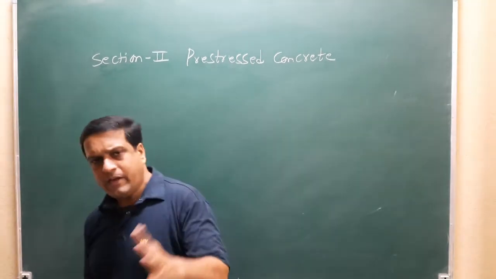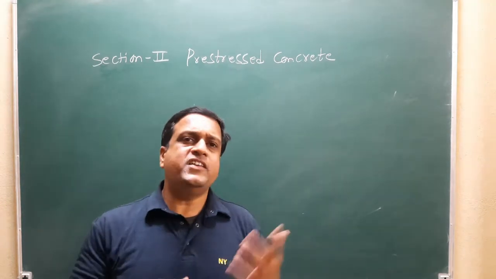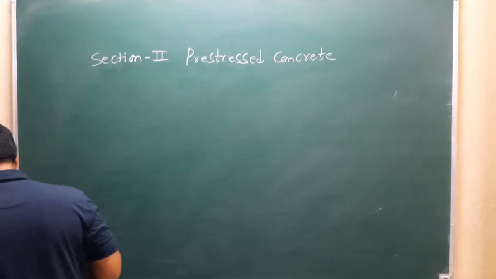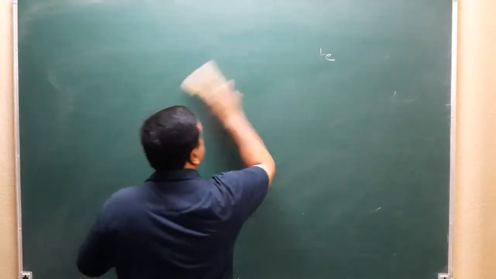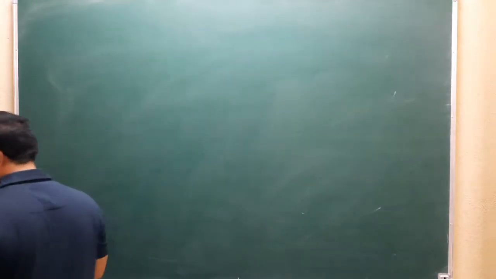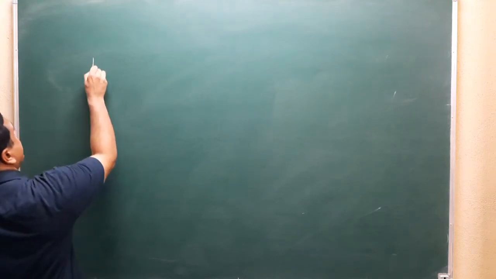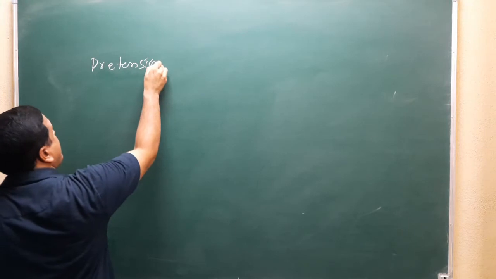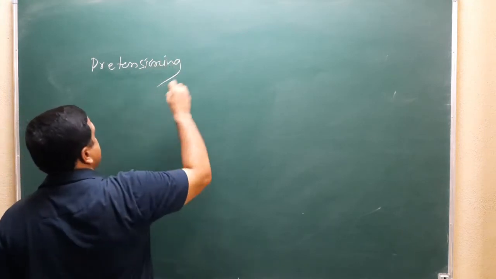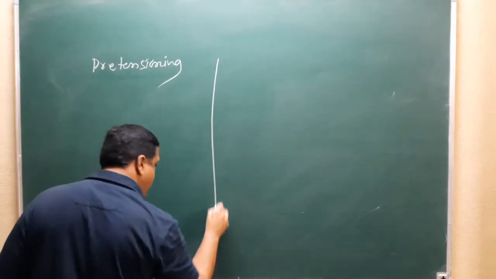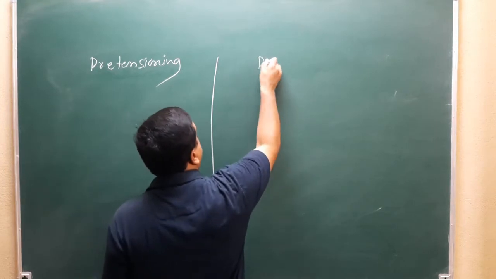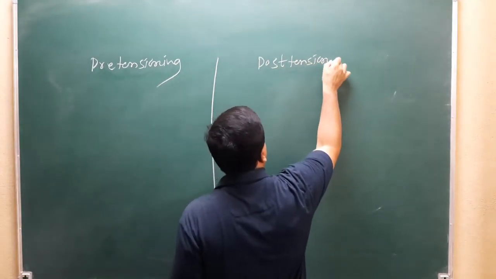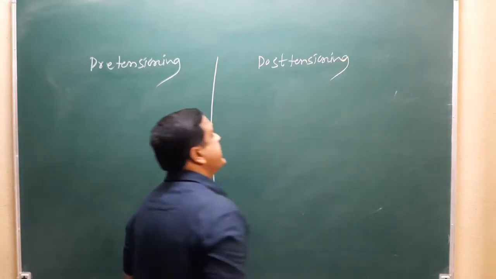Okay, so now I am going to tell you what is pre-tensioning and what is post-tensioning. Okay, so for that I want to rub this. What is pre-tensioning and what is post-tensioning? Pre-tensioning. Okay, and what is post-tensioning?